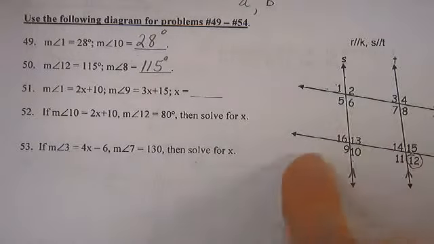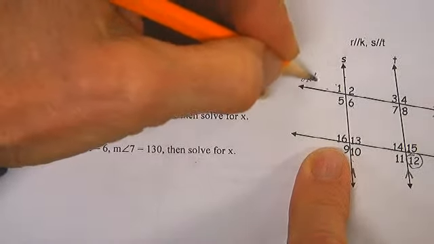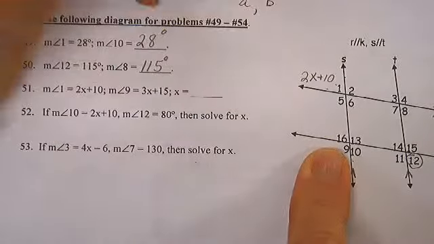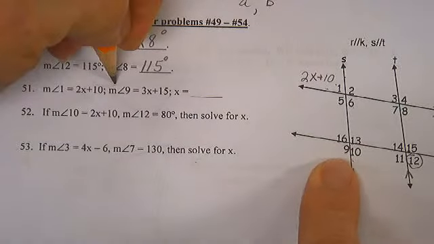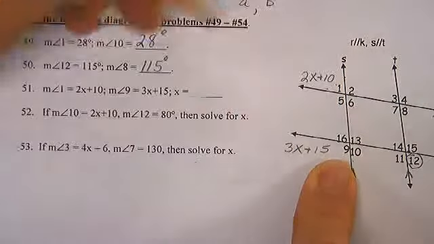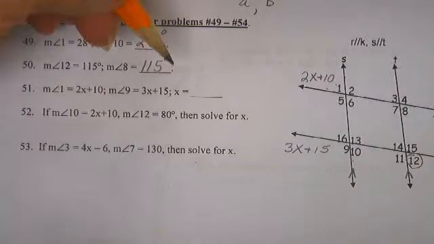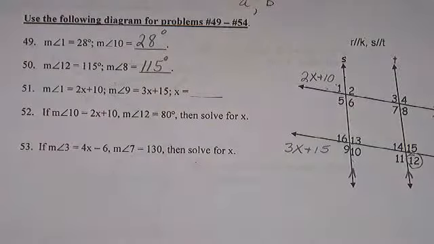The measure of angle 1 is 2x plus 10. The measure of angle 9 is 3x plus 15. What's x equal to? Well, I don't know that I'm doing this whole problem for you, but I will give you the equation.